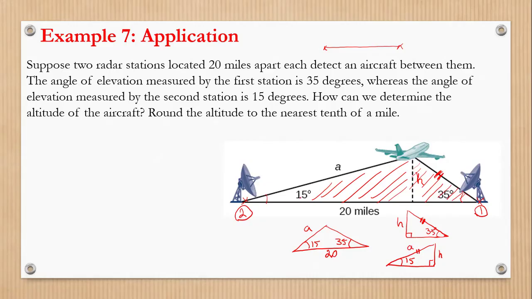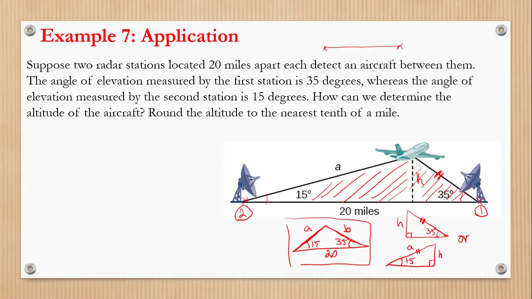So we need to use this oblique triangle and the law of sines to find, for example, side A or side B. Because if we have either A or B, we can use one of those right triangles to find the altitude. So let's find A first.